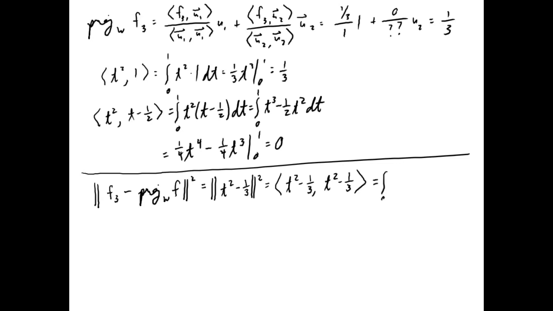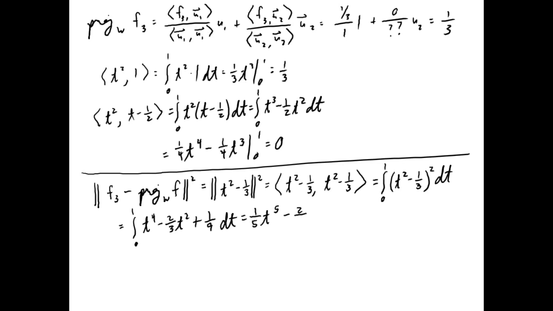This would be the integral from 0 to 1 of t squared minus 1/3, squared. Let me FOIL this out: t to the 4th minus 2/3 t squared plus 1/9. Find the antiderivative: 1/5 t to the 5th minus 2/9 t cubed plus 1/9 t from 0 to 1. I'm getting 1/5 minus 2/9 plus 1/9.